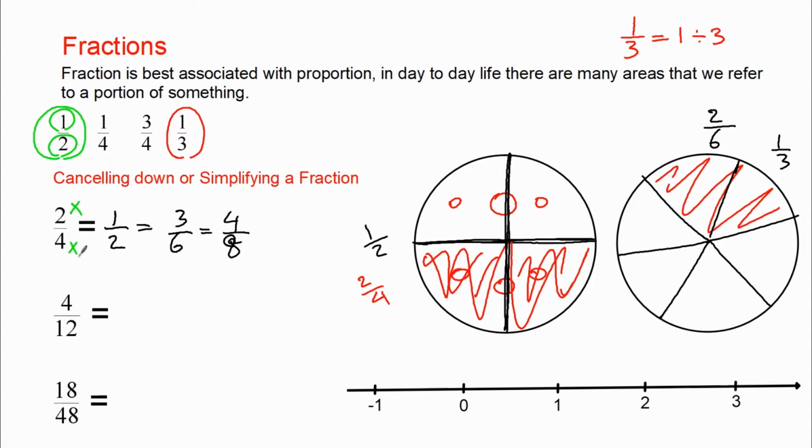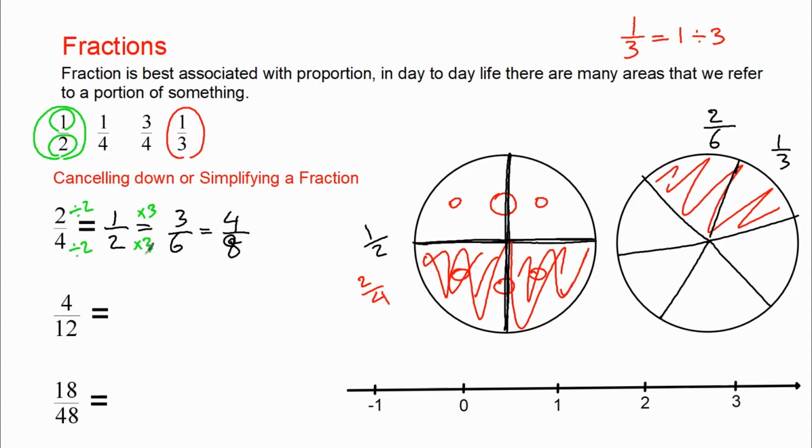So in 2 over 4 going to 1 over 2, basically what we did, I can erase that section, is that we divided by 2 and divided by 2. From 1/2 to 3/6, we did times 3 and times 3, and it just goes on.